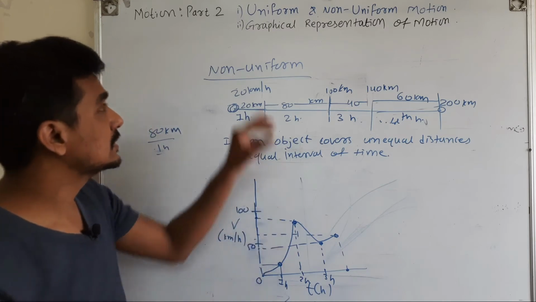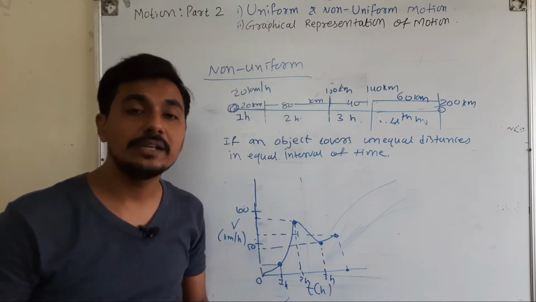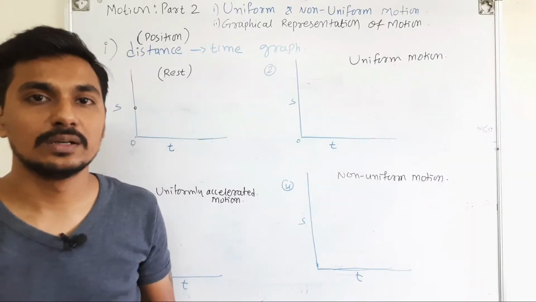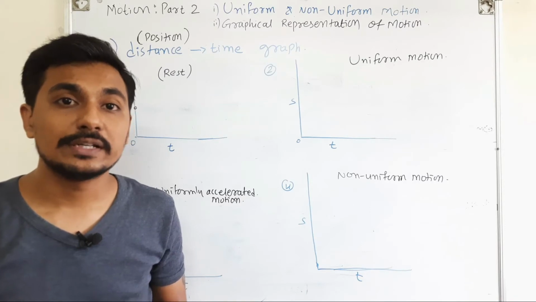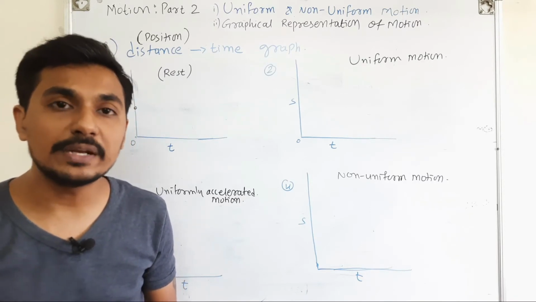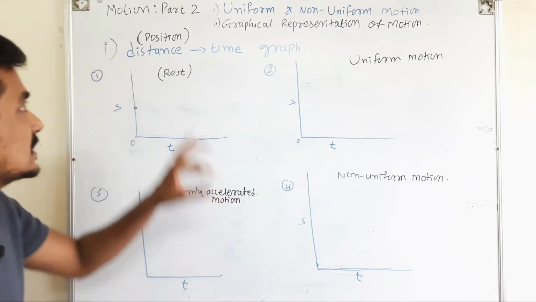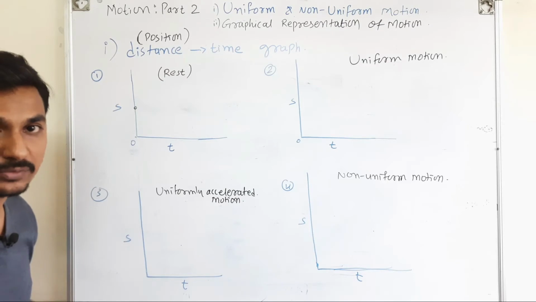Now let us try to represent the motion of an object in a graph. Generally, we have two types of graph. One is a distance-time graph and another is a velocity or speed-time graph. A distance-time graph can also be called a position-time graph.